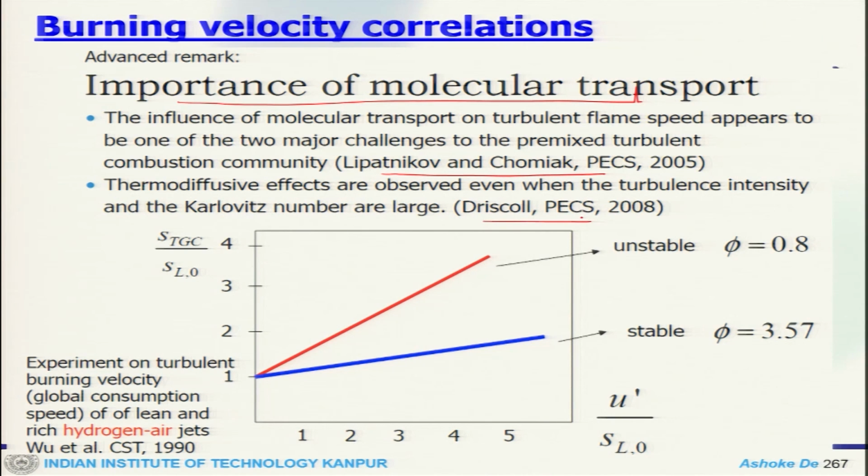This is in another paper by Driscoll in 2008, where it shows this ratio of U prime by SL and for different equivalence ratios the flame becomes unstable. So, these are advanced remarks, topics and issues which one can find in this kind of review journal, where you can see a lot of review papers.